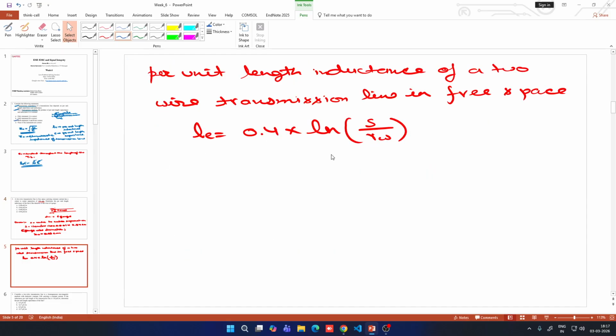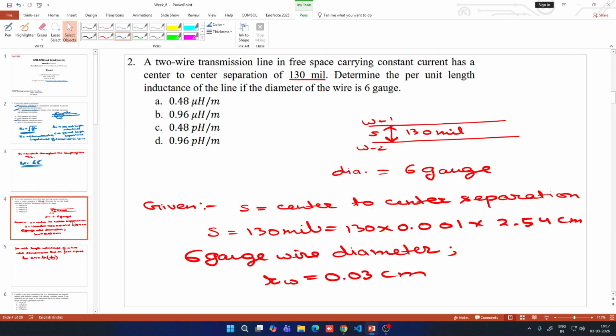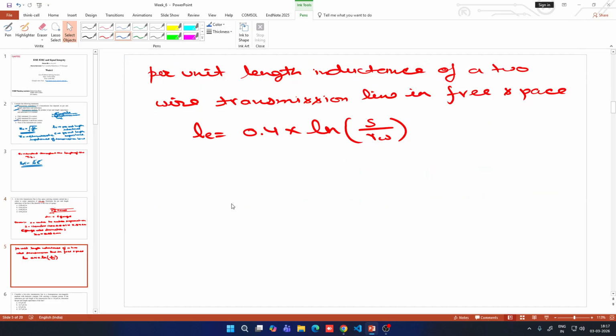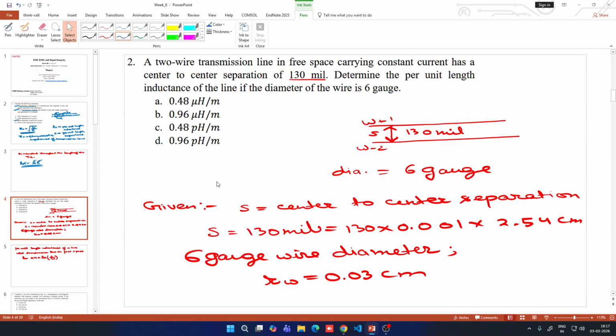So this is the formula, and LE is the per unit length inductance of a two wire transmission line, which is given as 0.4 into natural log ln of S by Rw, and in the problem S and Rw are already given. So these are the given options.